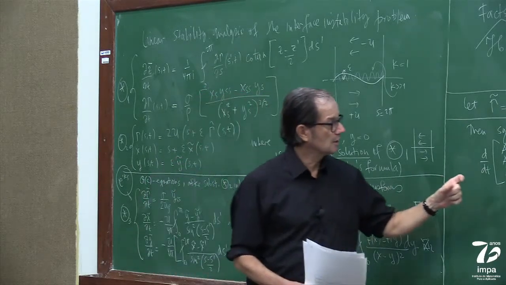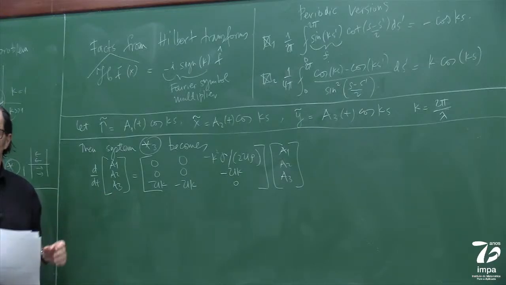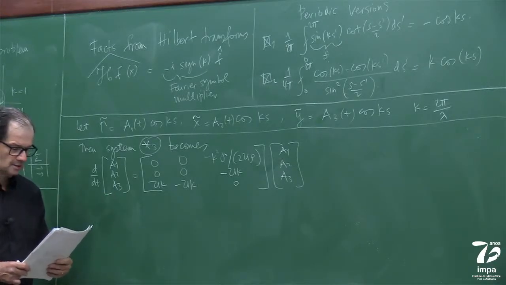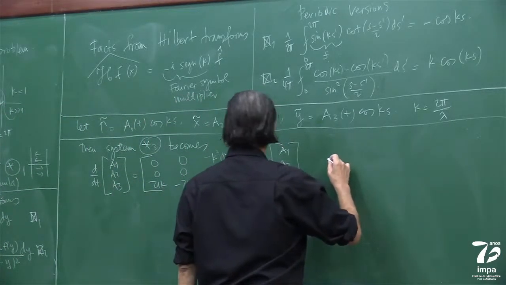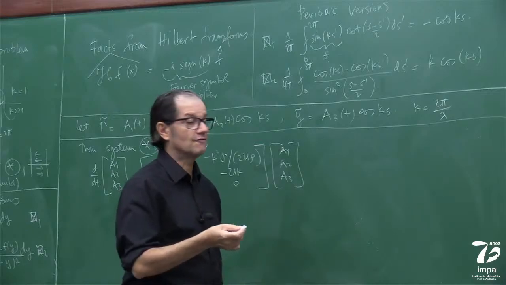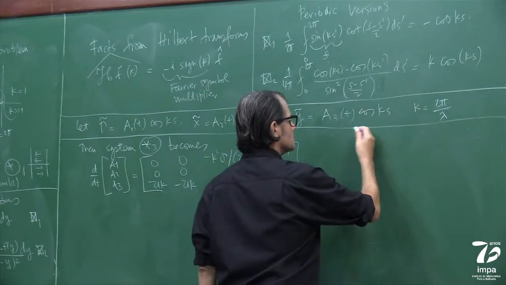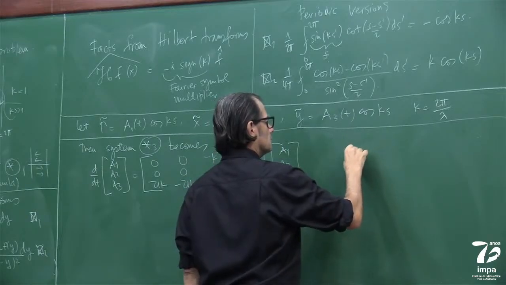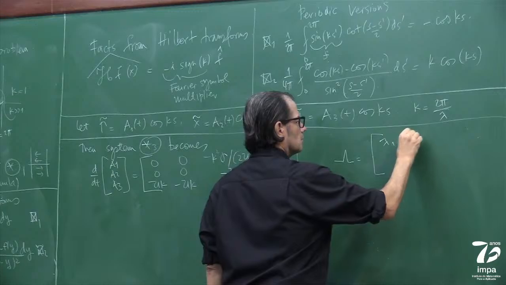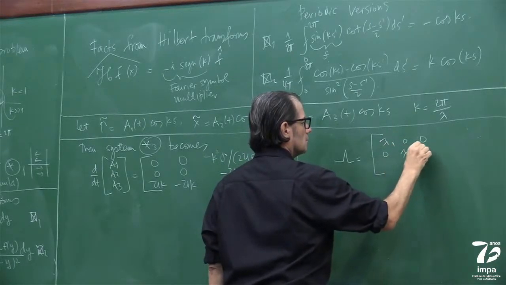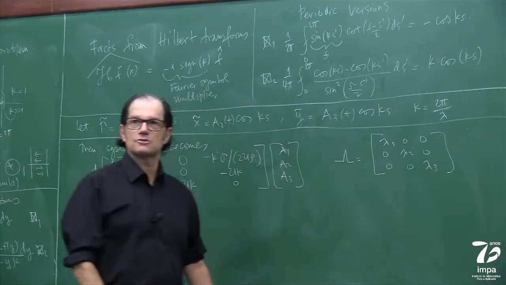So, look, if I look at the eigenvalues of this, I will know if the problem is stable or unstable. So, let's write here, look. Just think of this. If I diagonalize this matrix, we will have these guys, right?